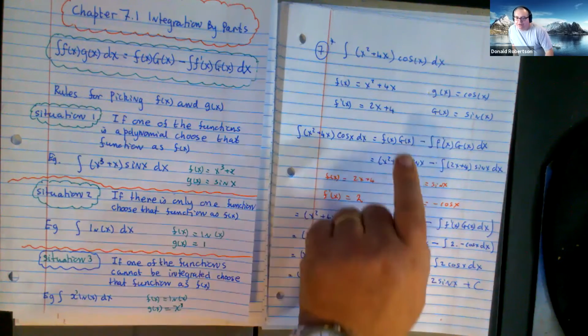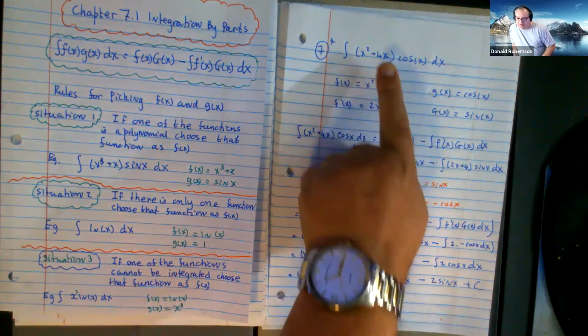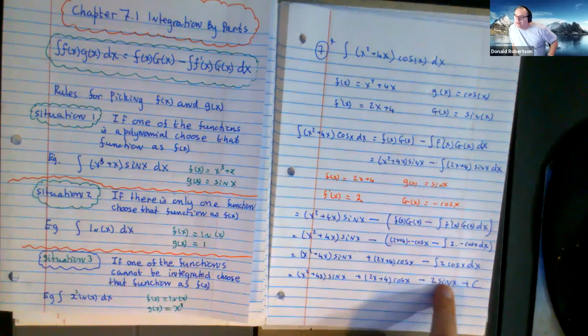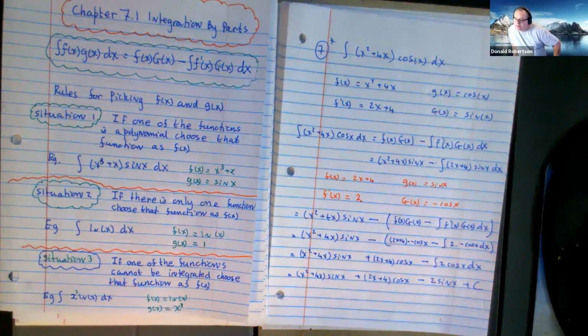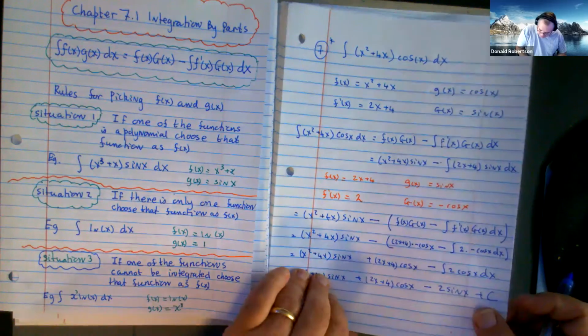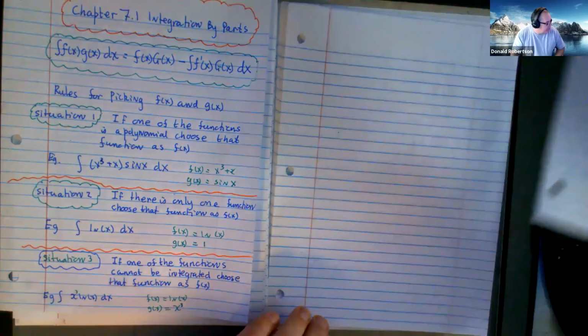So the integral of this is that. Are we good? You comfortable with that one? You remember to shout out if I screw up with a sign or something, because I have been known to do that.